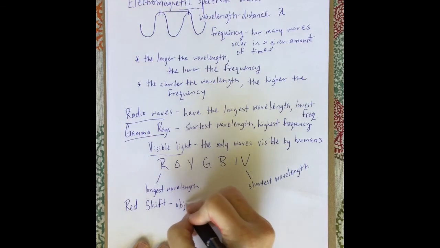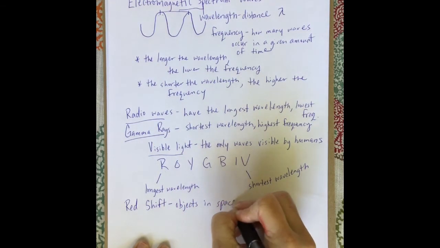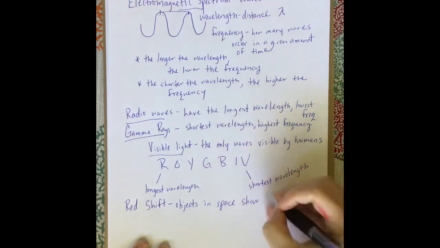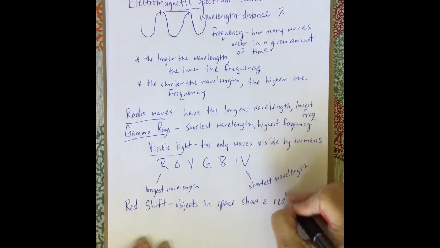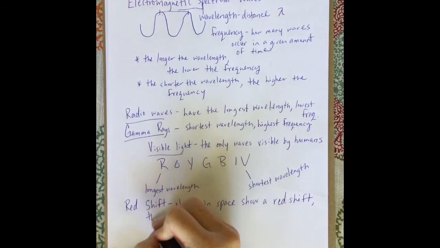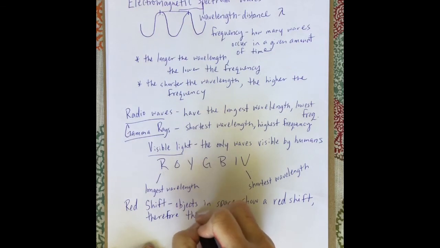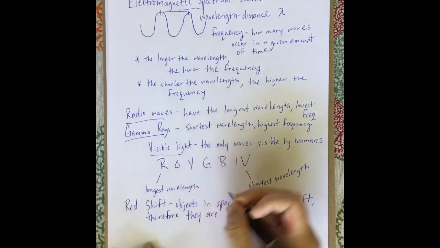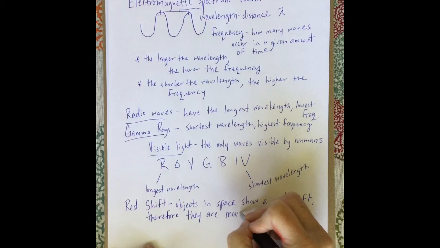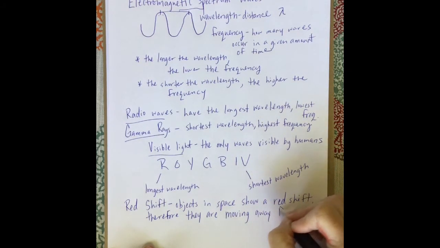So the red shift states that objects in space show a red shift. Therefore, they are moving away from an origin.